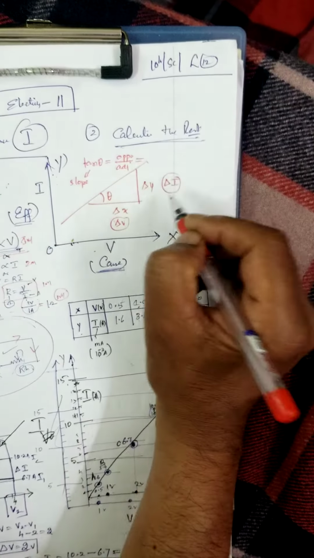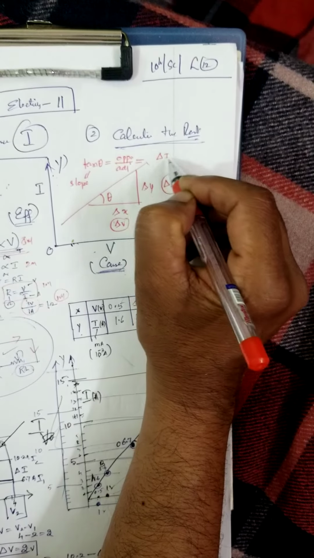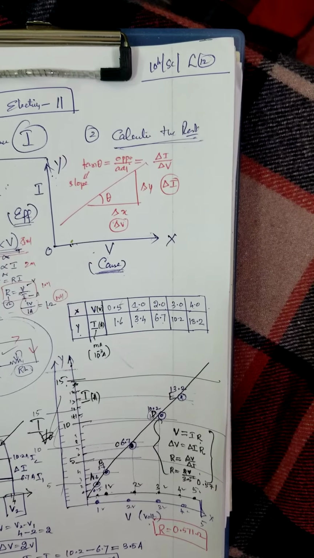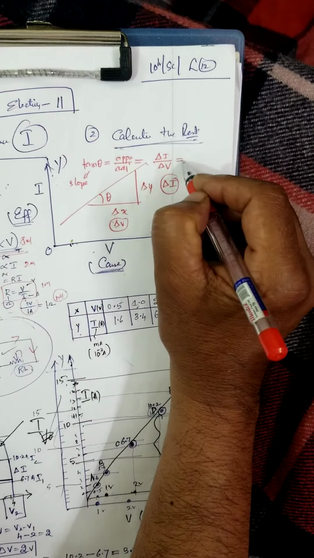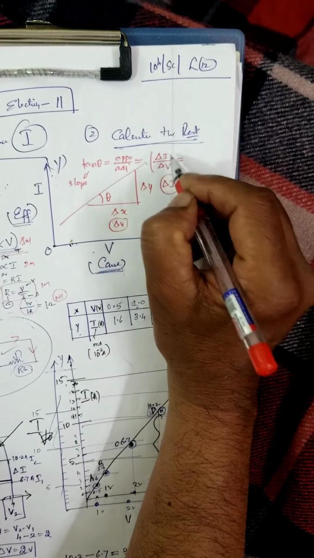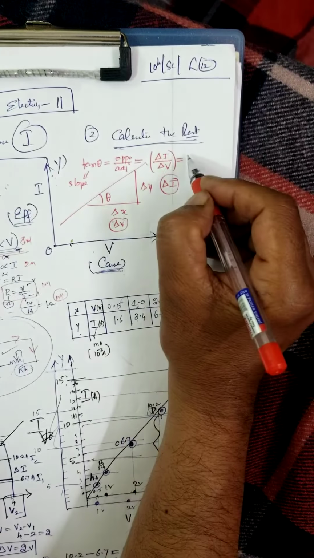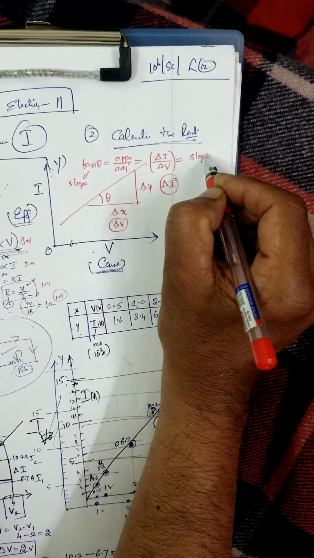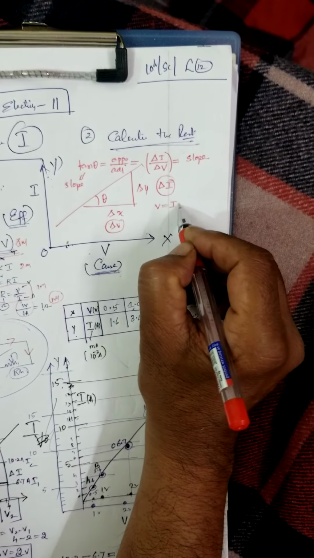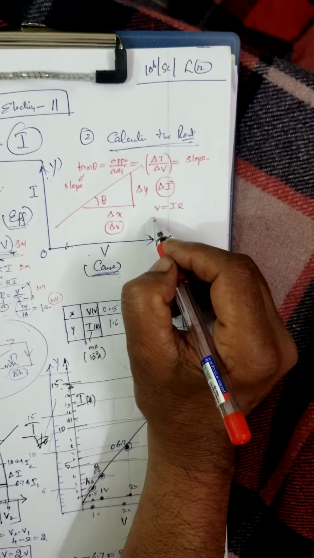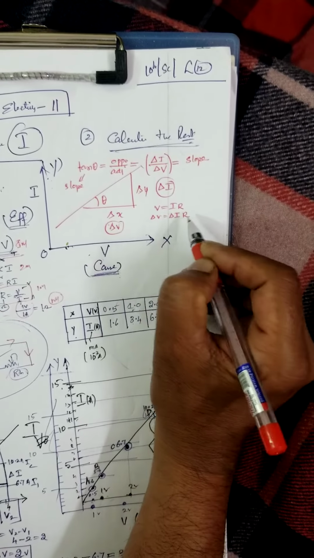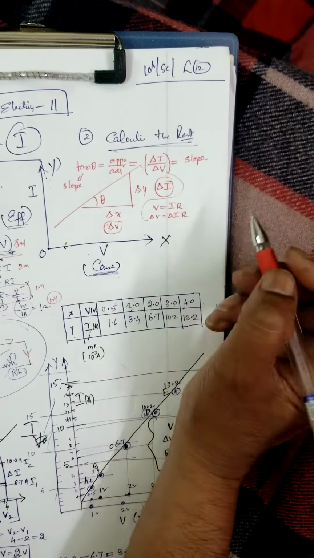Tan theta is also called slope. The opposite is delta I by delta V. Now I can bring that down, right? This is the same as slope. But V is equal to IR. If there is a change in voltage, there is a corresponding change in current, R remains constant. Therefore, I substitute here.